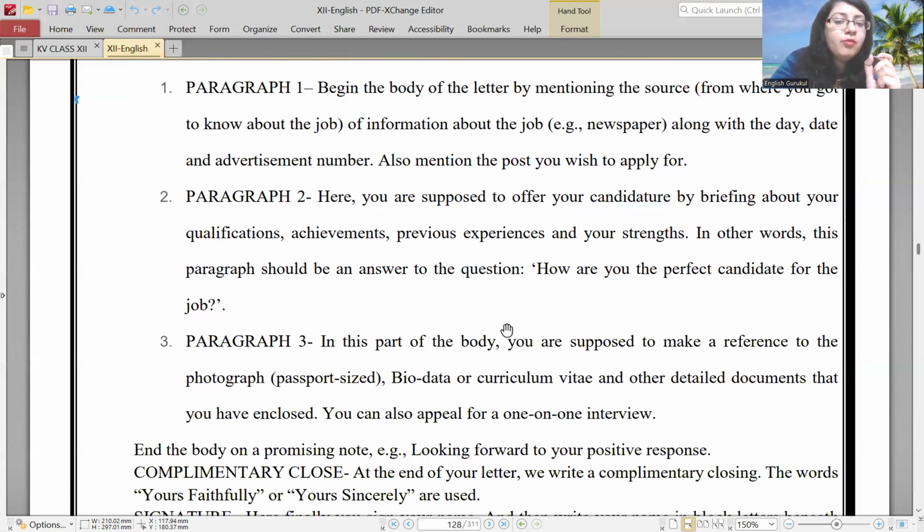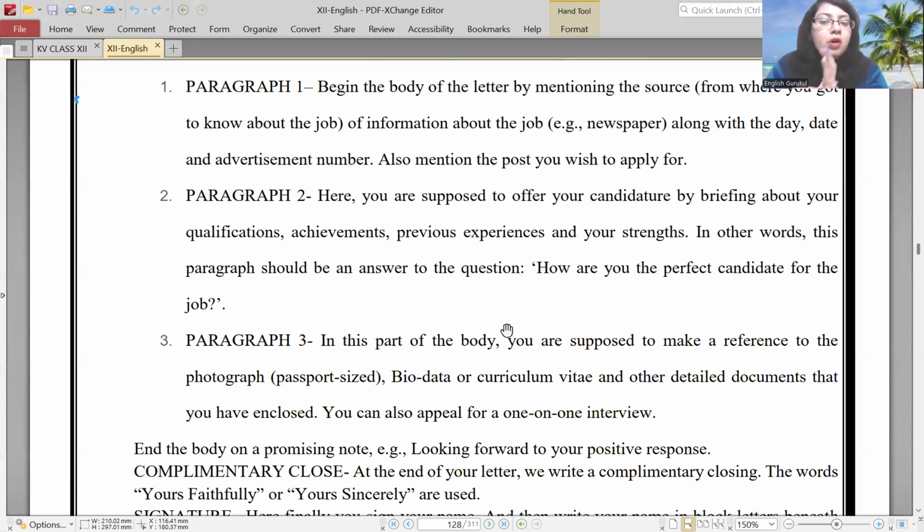Then we have paragraph 1. You have to begin the body of the letter by mentioning the source from where you got to know about the job. As I mentioned in my previous session, whether you heard it from some neighbor or friend, or you got to know through some newspaper, for instance, Times of India, Hindustan Times, Dainik Bhaskar, Dainik Jagran, right?